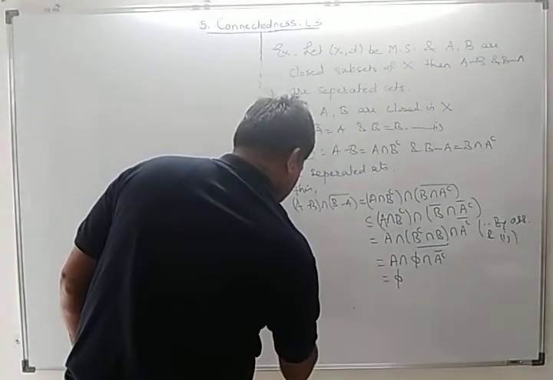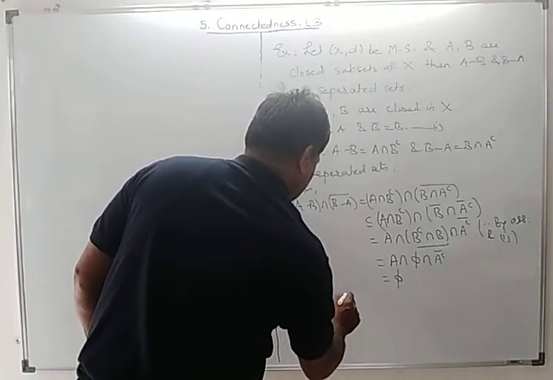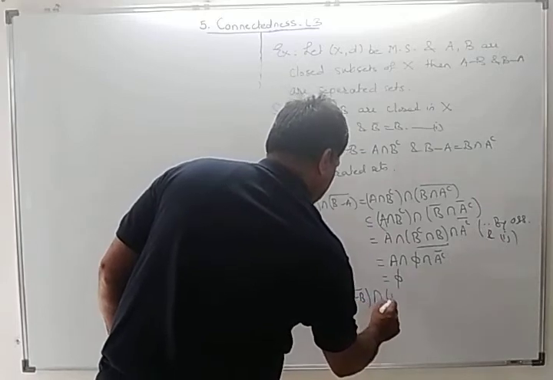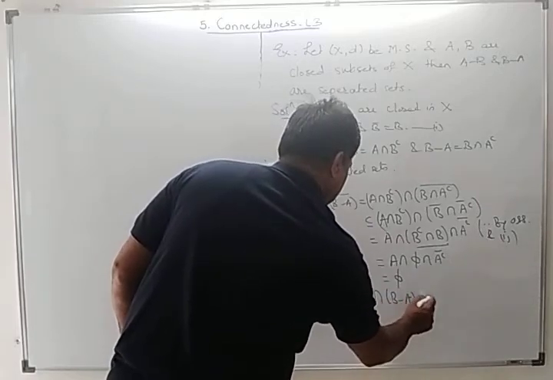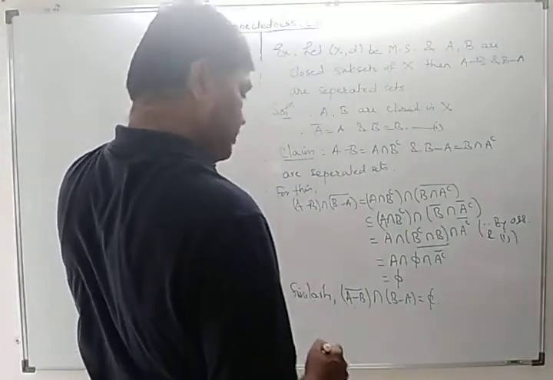Similarly, closure of (A minus B) intersection (B minus A) must be empty by symmetry.